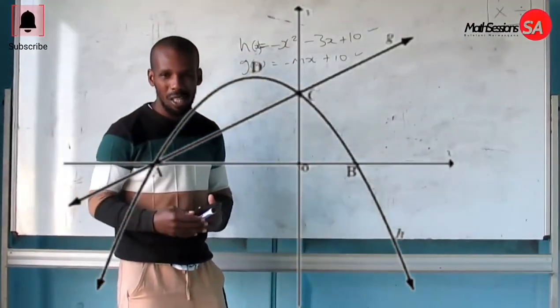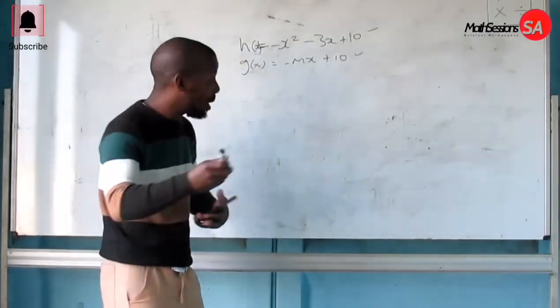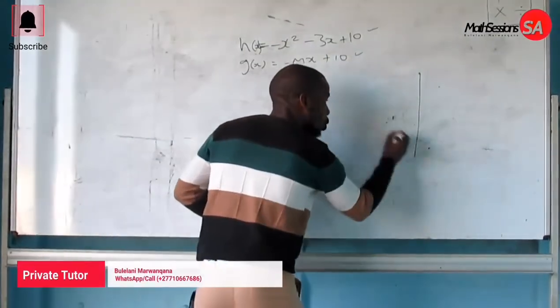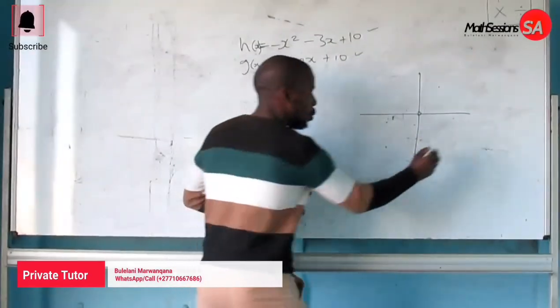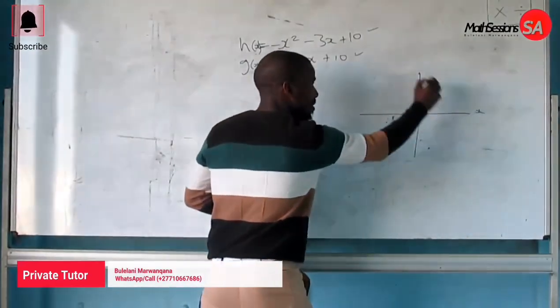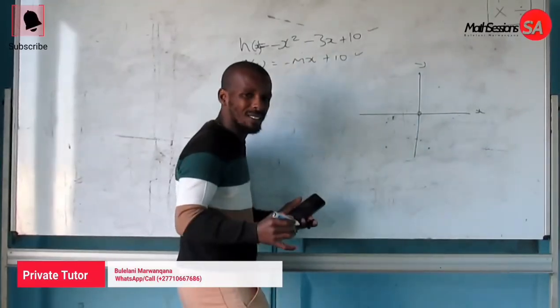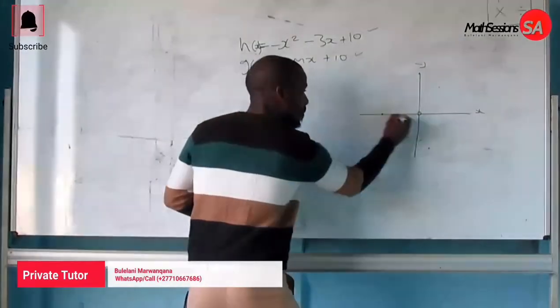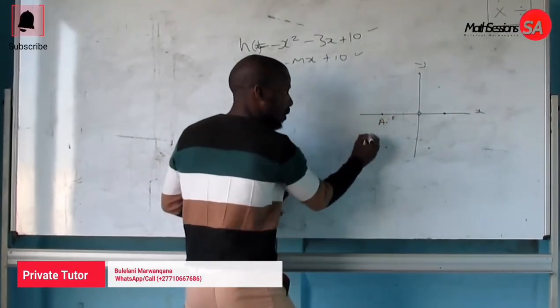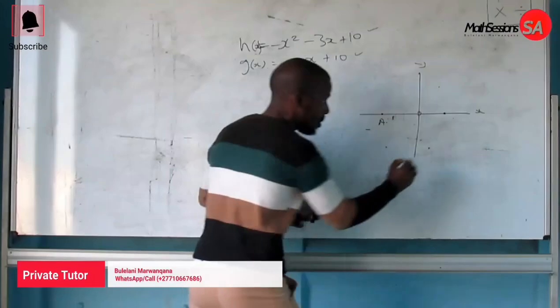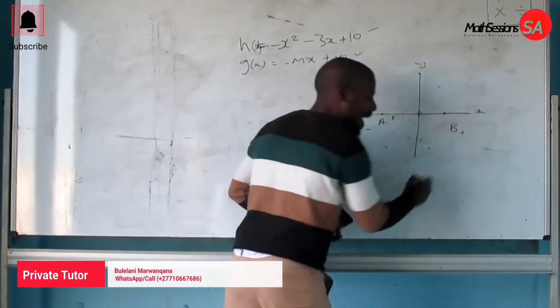How are we going to calculate? We know very well that a Cartesian plane has two lines crossing each other, with an origin which is 0, the x-axis on this side and the y-axis on this side. Our A and B are sitting on the x-axis, therefore A is on the negative side of the x-axis, and B is on the positive side.